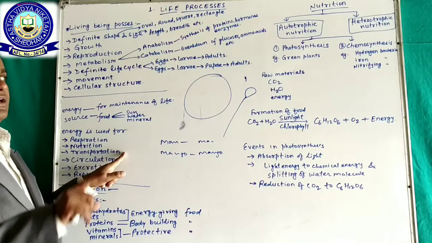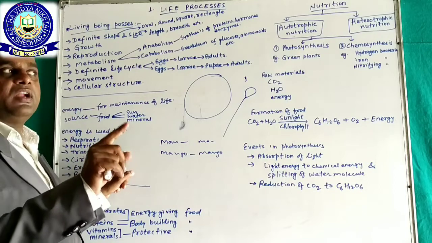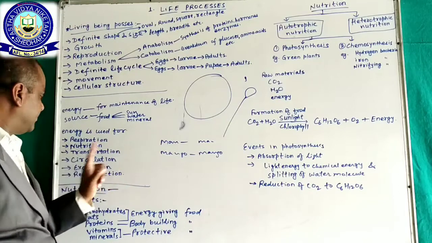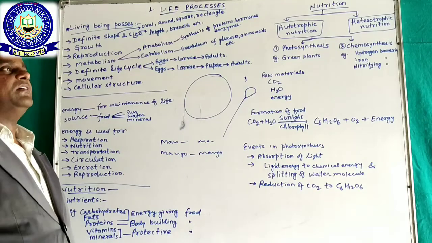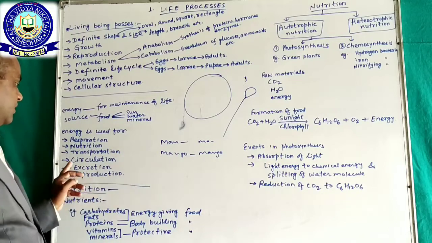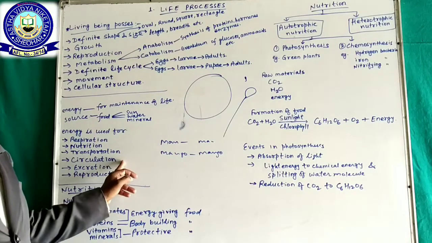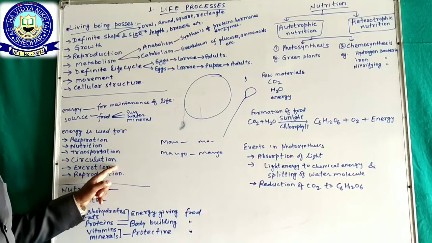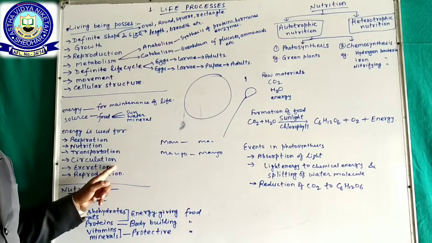Transportation means transportation of food from the small intestine to the target cells. Now circulation. There is a circulatory system that circulates over the body, and it takes food from the small intestine and reaches the target site. Excretion is also very important, and it is excreted by skin.